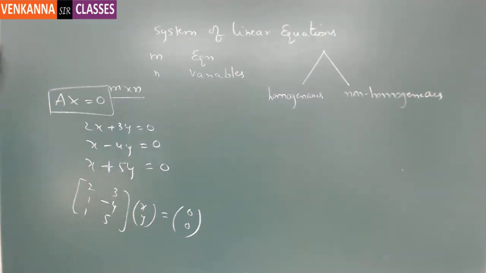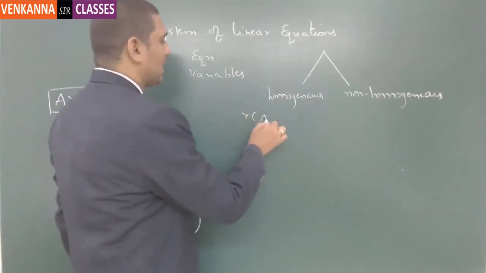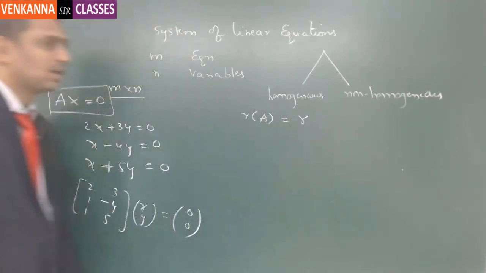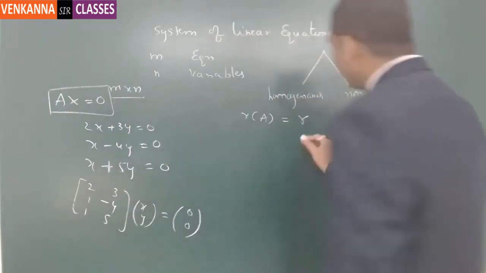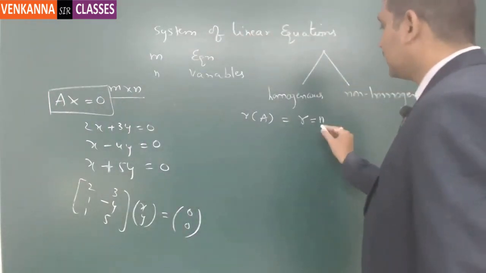Now, coming to the solution part, whenever you have a homogeneous system given, we represent that system into equivalent matrix system like this, and we apply row operations on this coefficient matrix, and we will find its rank. Suppose if the coefficient matrix you have taken as A and you found the rank of A is equal to R.